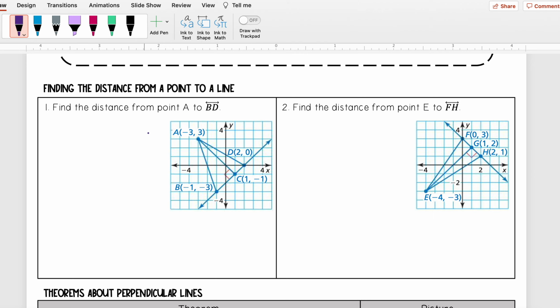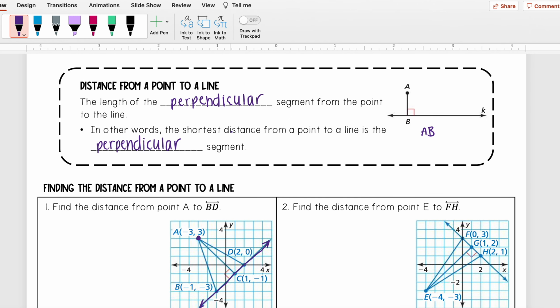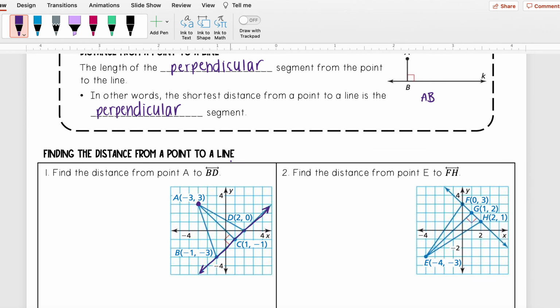For number one, I want to find the distance from point A to line BD. So I have point A right here, and I want to find the distance from that to line BD. I have three different segments connecting A to this line, but I know from my definition up here that the length is the perpendicular segment from the point to the line.